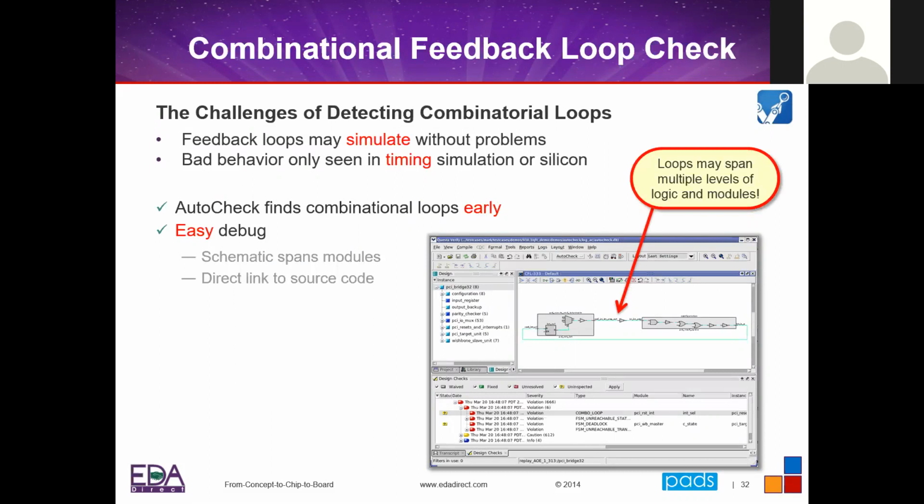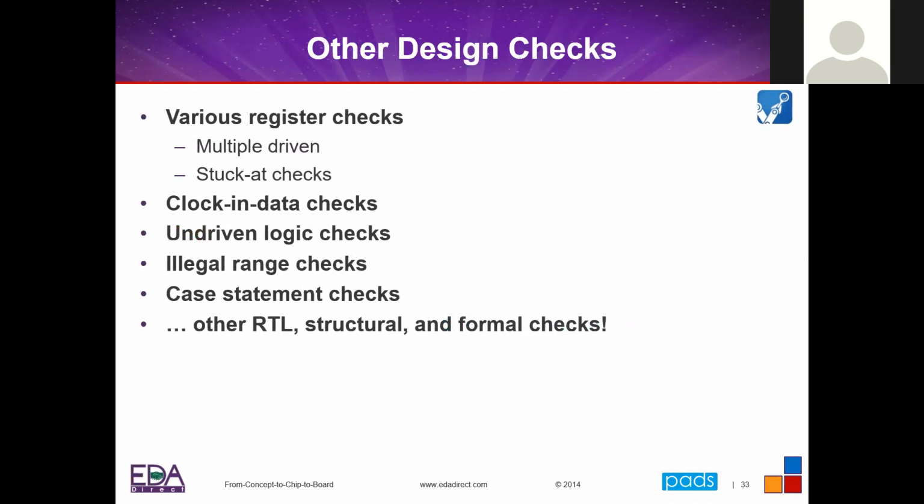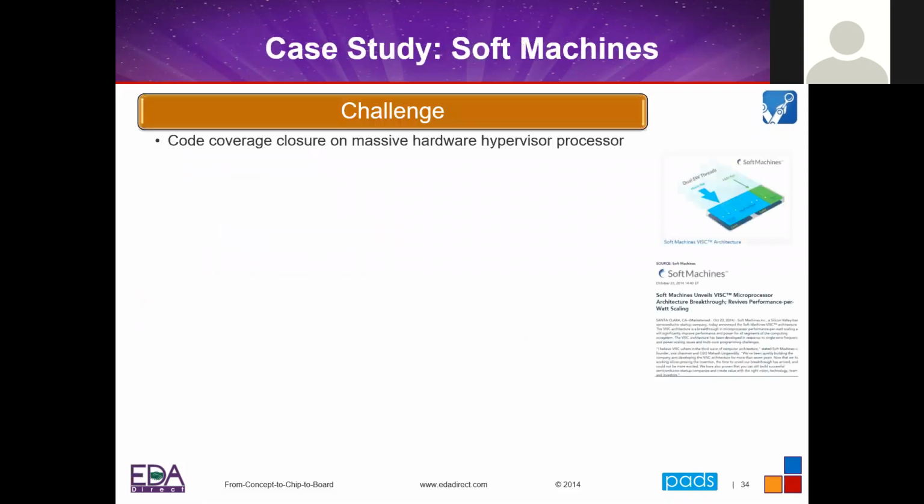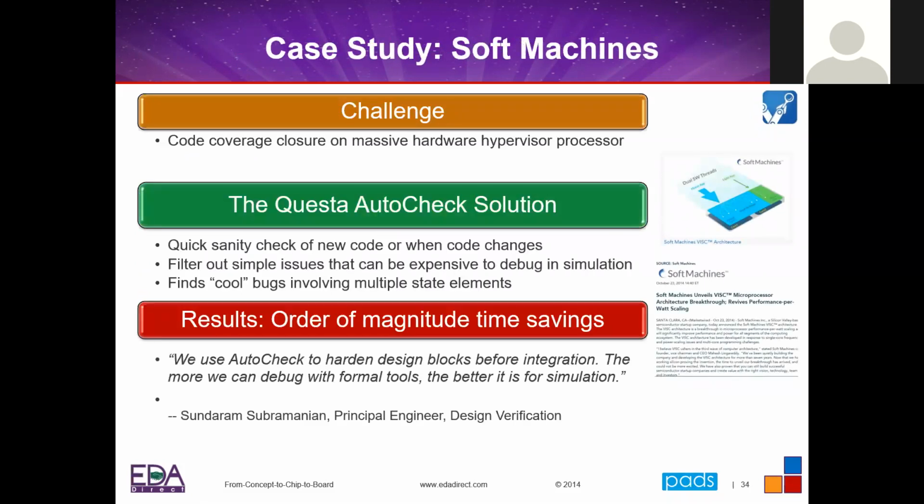Combinational feedback loops are the other type of issues that our Autocheck tool will find. Multiply driven, clocks as data, all kinds of case statement checks. So all of this, like I say, is built into Autocheck. You give it your RTL, and it will start to find these errors.